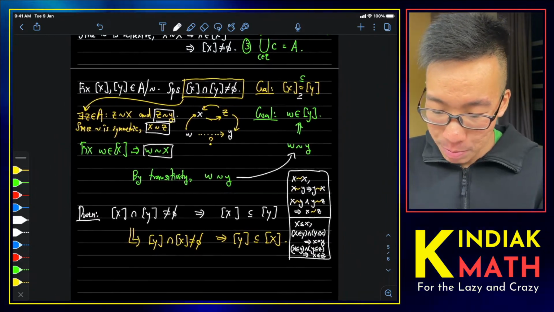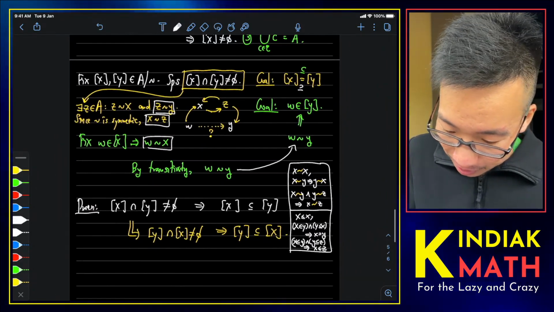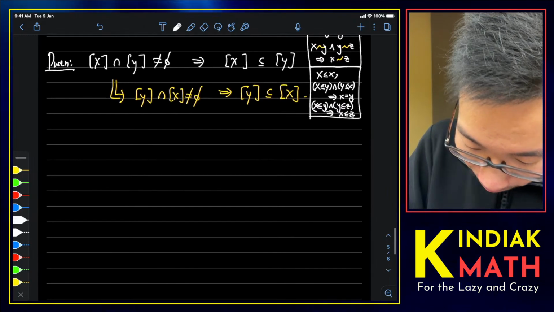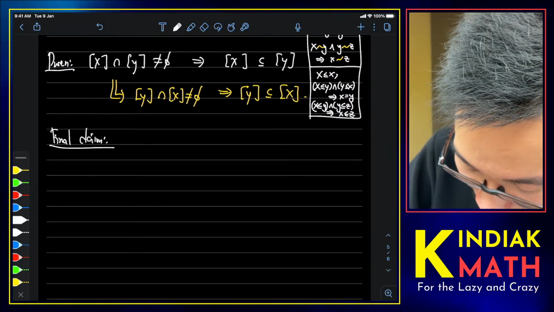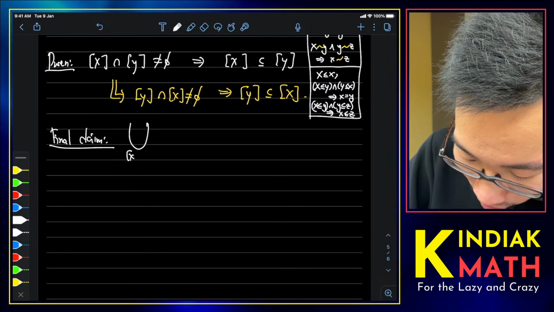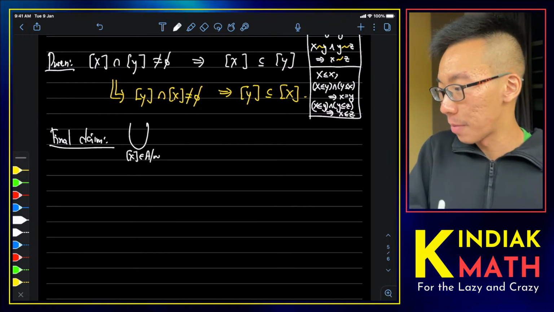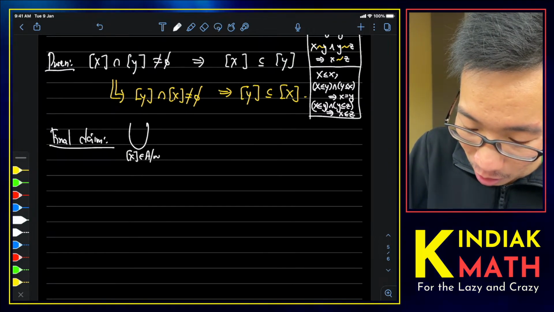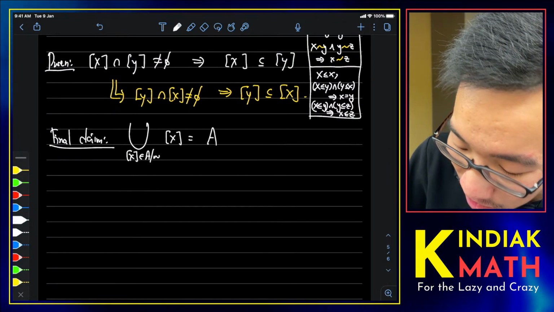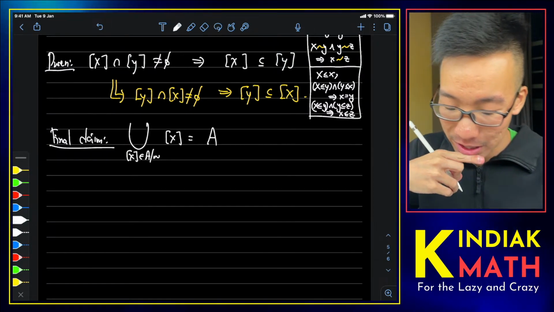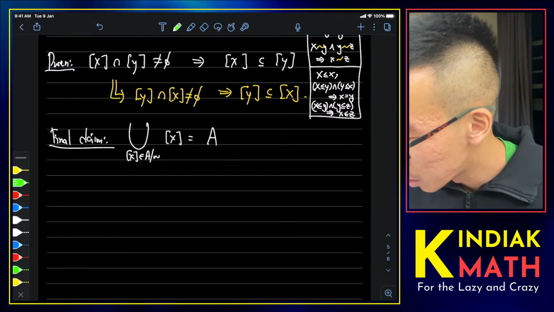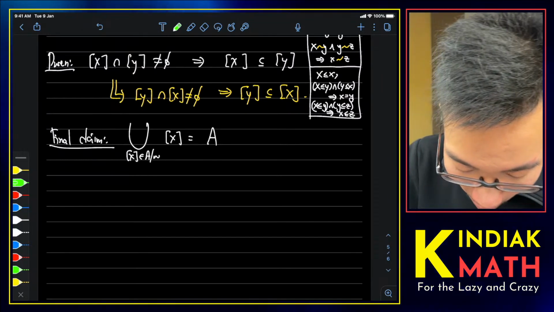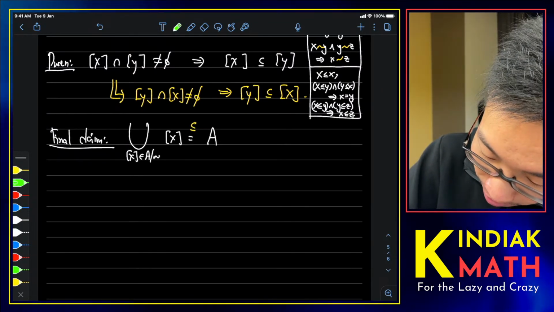Alright, back to our proof. Now our final claim. If we take the union of all of the different equivalence classes, or you can think of it as pizza slices, you get the whole thing. So that's the claim. Once again, we need to prove set equality, so we need to prove two-way subset inclusion.